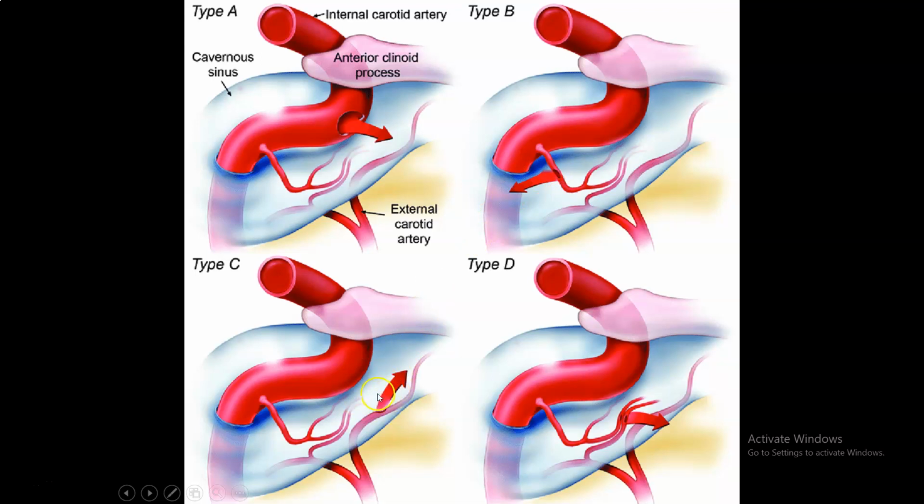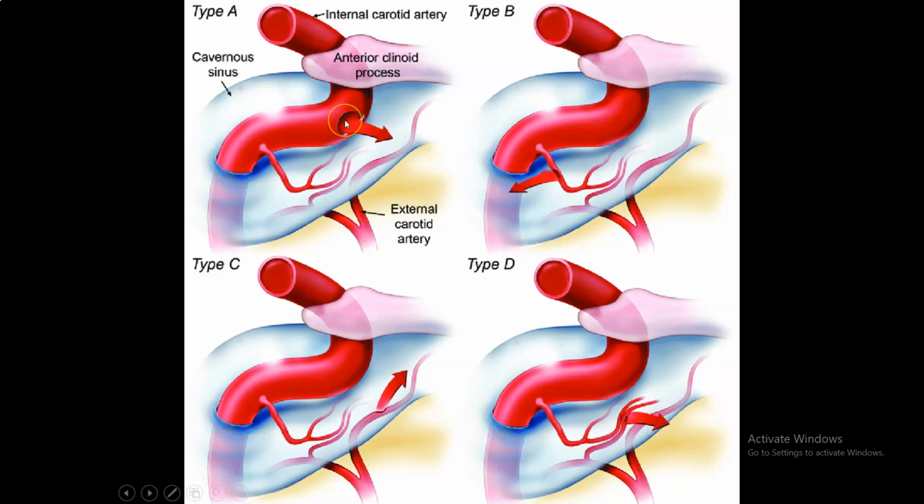C is between branches from the external carotid and the cavernous sinus, like the middle meningeal and things like that. And D, combination between internal carotid branches, external carotid branches, and the cavernous sinus.